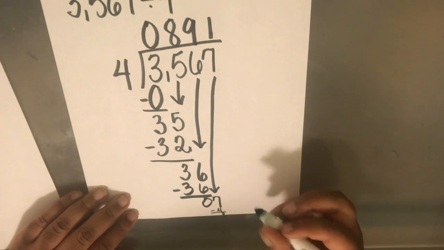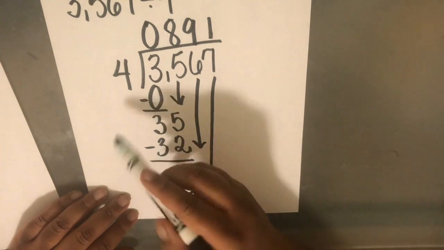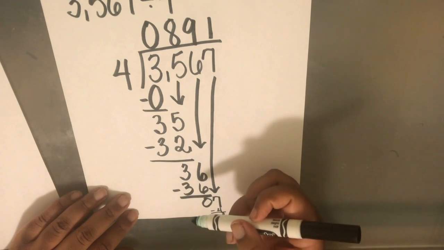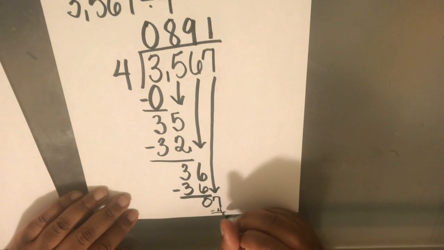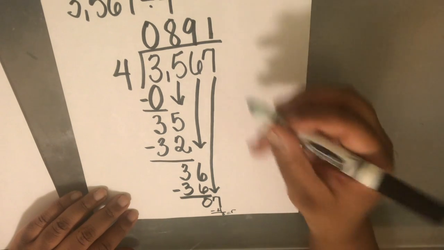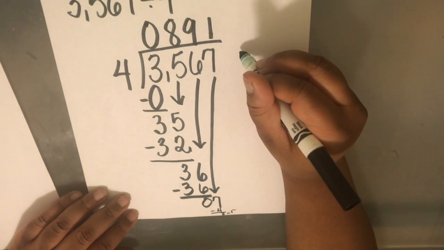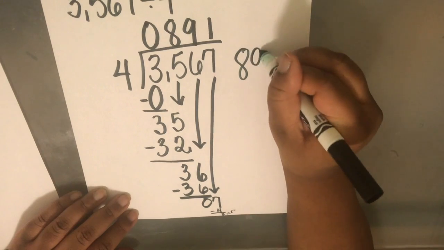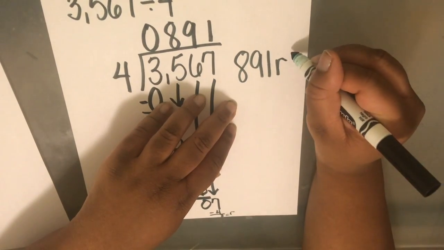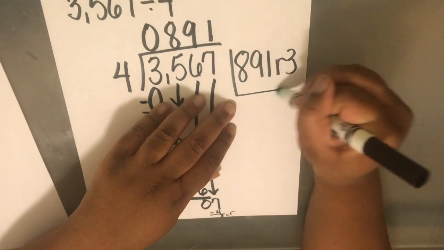Oh, that 3 is so tiny. I hope you guys can see it. And is 3 lower than our divisor? Yes. So that means that this is our remainder because we have nothing else to bring down. And we write our answer like this: 891 remainder 3.